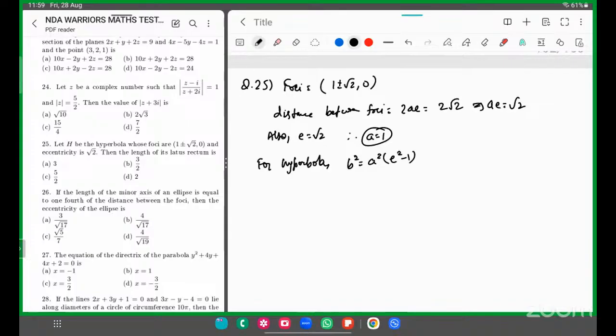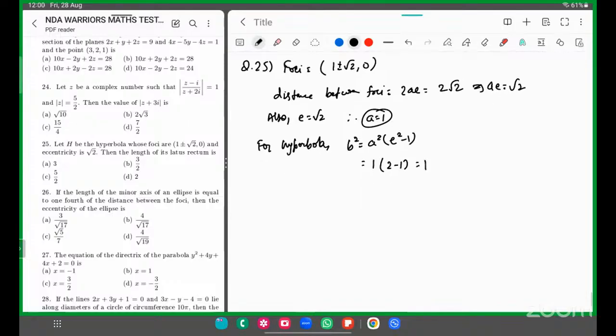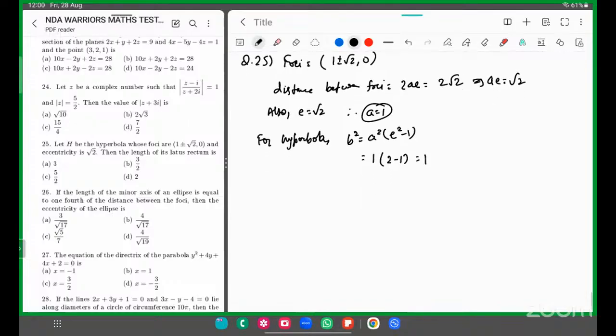So that will be equal to 1 square is 1, root 2 square is 2 minus 1, that is 1 into 1, so 1 only. So the length of latus rectum, what is the formula? Length of latus rectum is equal to 2b square by a. That means 2 into 1 by 1. That is 2. So option number D.